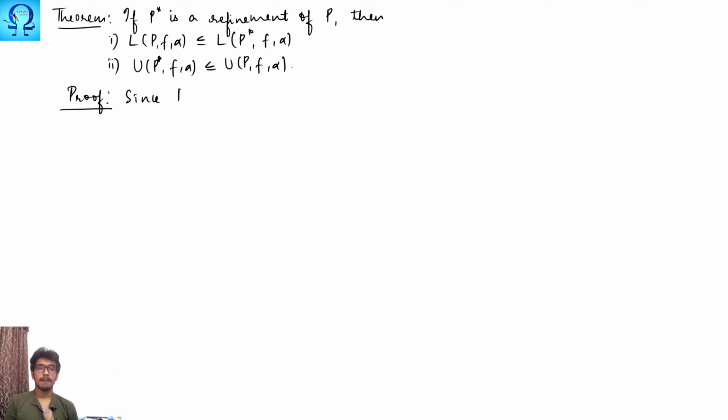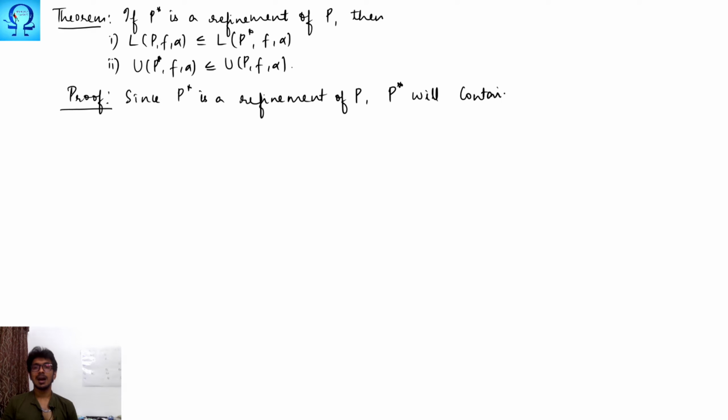Since P star is a refinement of the partition P, P star will contain at least one point more than P. So let us put them in this way.